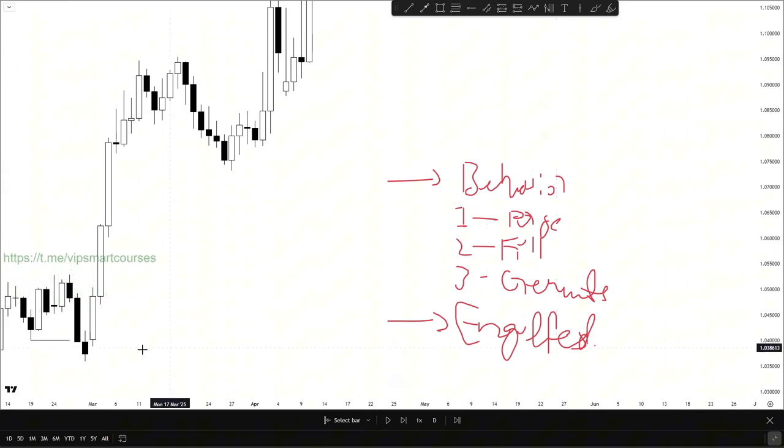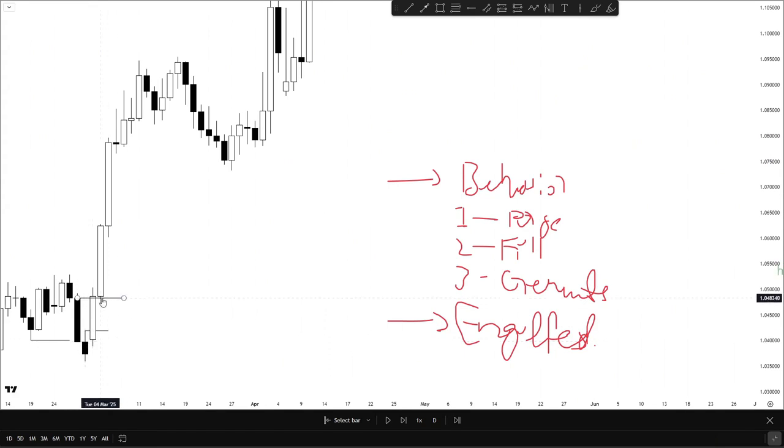The second thing that we'll have to look for is for price to engulf these candles or one of these candles. Price closed above this candle along with this candle as well. So when these two candles as a whole got engulfed, these two candles together turned into a single order block.